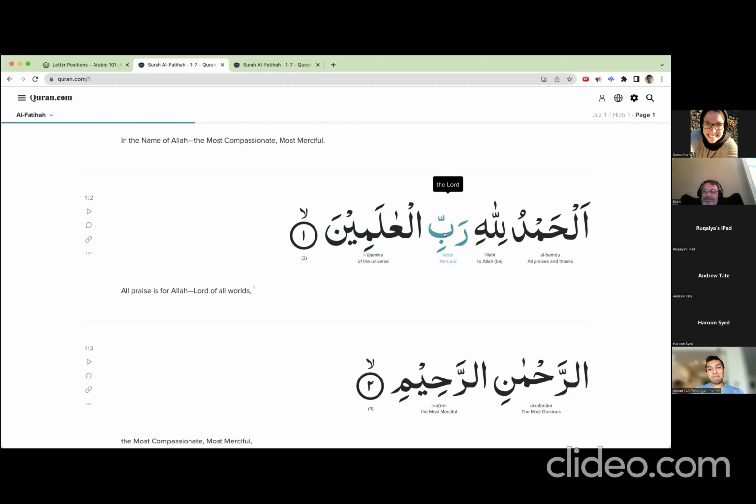All right, so Rabbi, and then the next word is, you see, this aleph without anything on it, and then the lam. And then this letter, what's this letter? The ayn. That's the ayn in the middle position. And you have the dagger aleph on it, so it's ah.